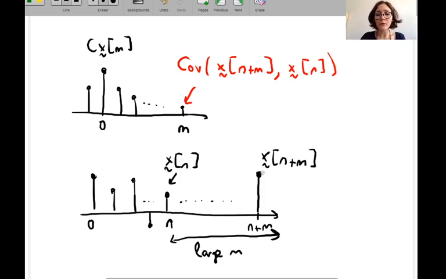This is actually a good thing, because this random variable not being correlated with this one means that when you add this new random variable to your infinite sum, your time average, it will bring some new information that was not in the past samples.